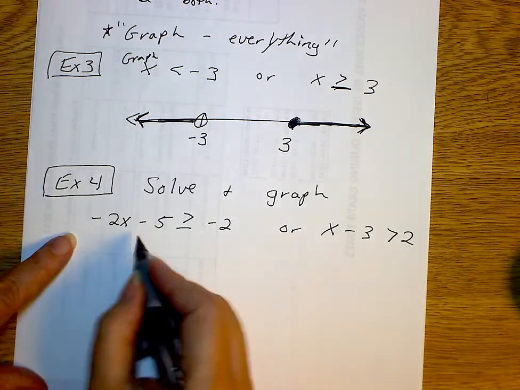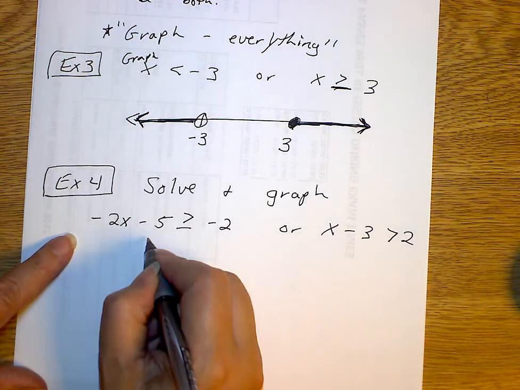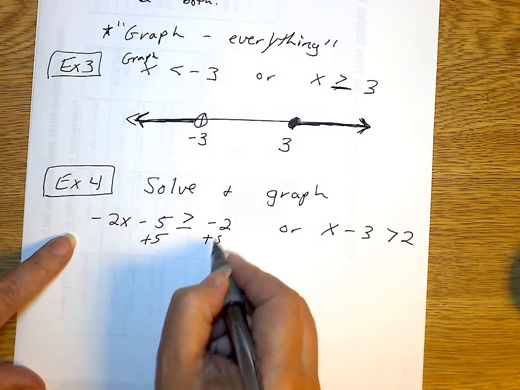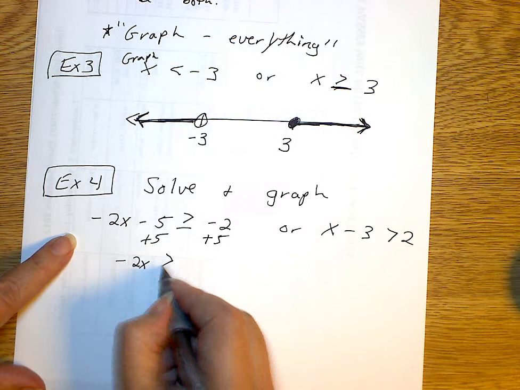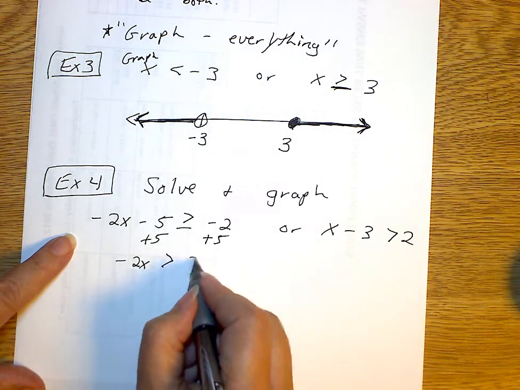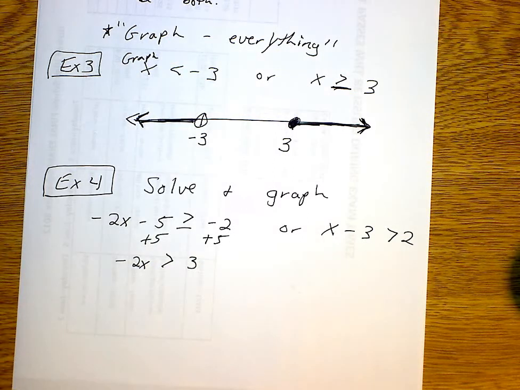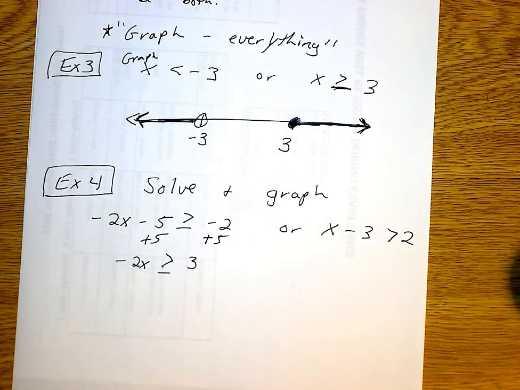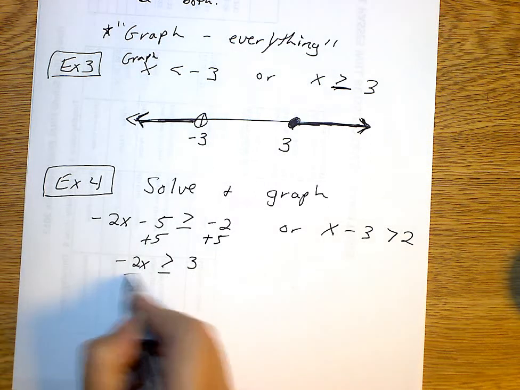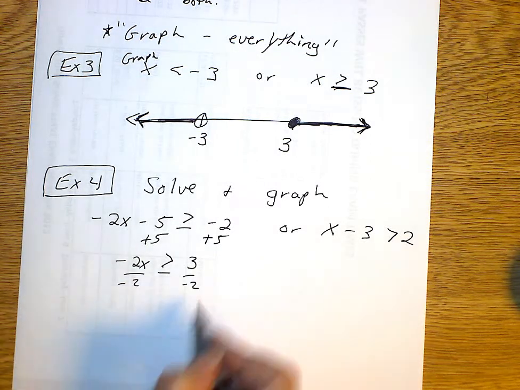So we're going to get x by itself, so we're going to add 5 to both sides. So I have negative 2x is greater than 3. And then what? Divide by a negative 2. What happens when we divide by a negative?